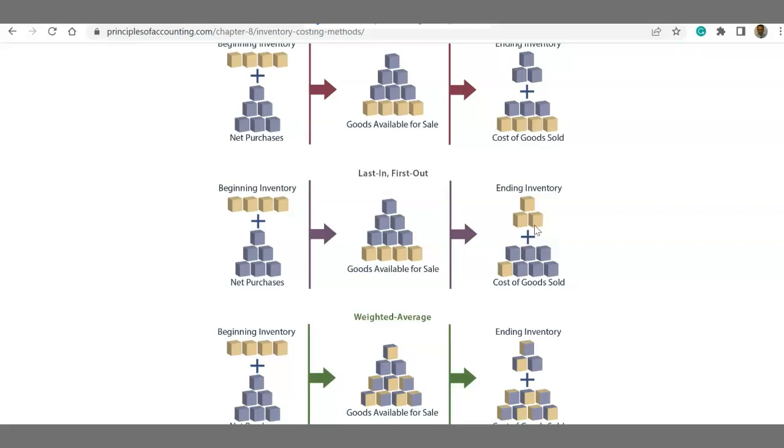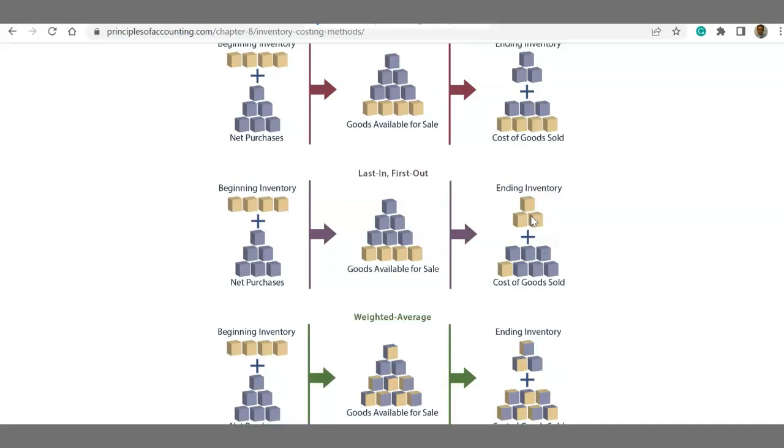Combined, this is a LIFO layer left over at the end with an average price of $11. 10 plus 11 plus 12 is 33, divided by 3 is 11. When you keep the record of it, you just go with one line: my LIFO layer of year one is 3 t-shirts at $11.